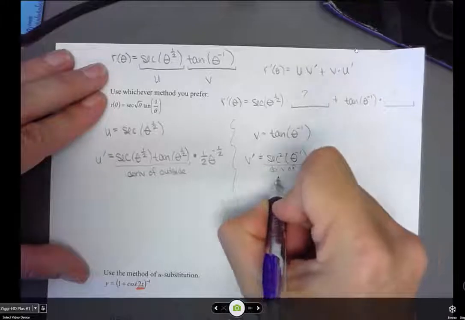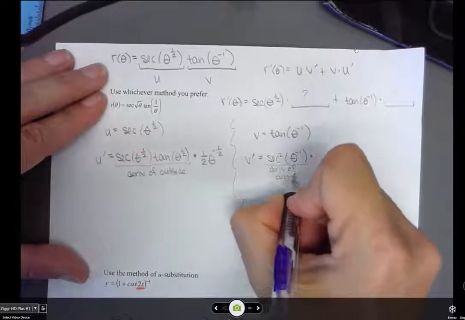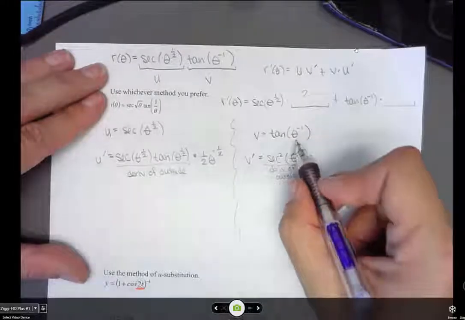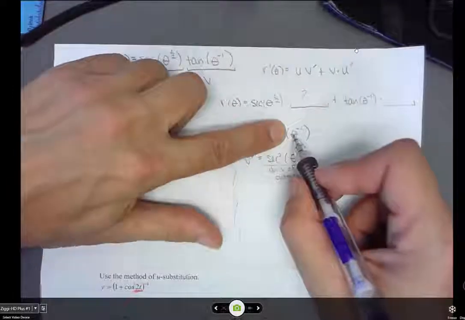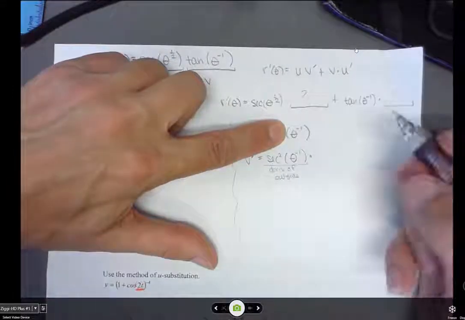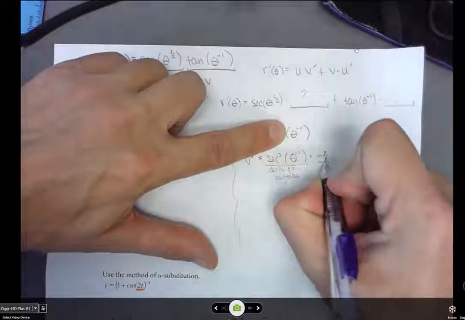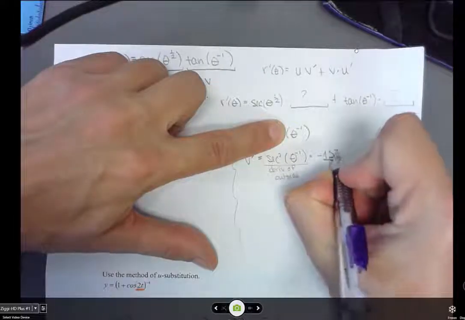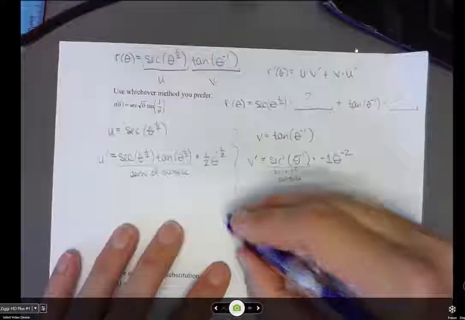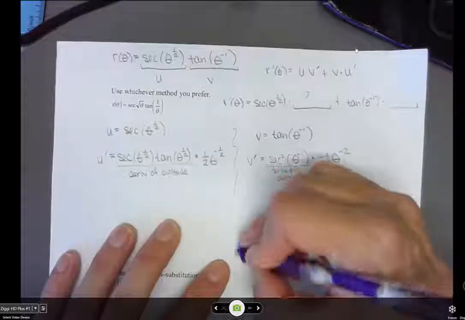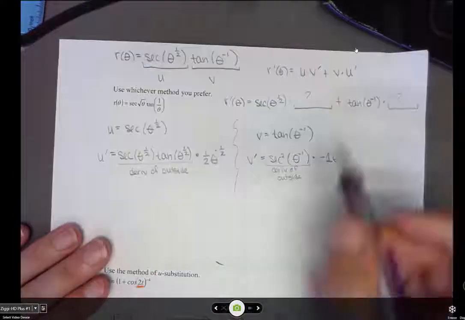And then at the end, we multiply by the derivative of the inside function, which is theta to the -1. And there we're just using the power rule. So -1 theta to the -2. Okay? And now we're just plugging those things into these spots right here.